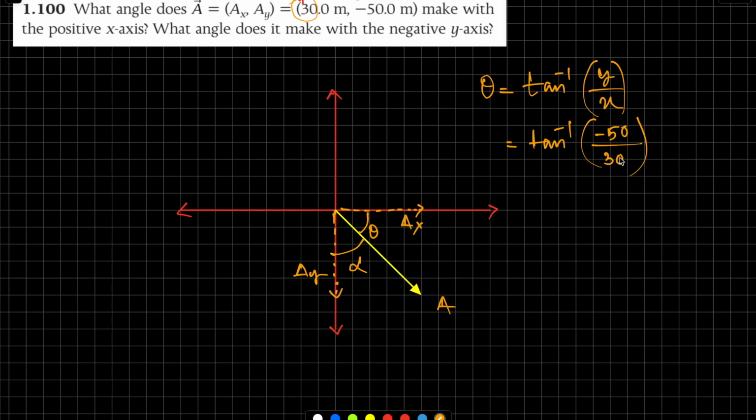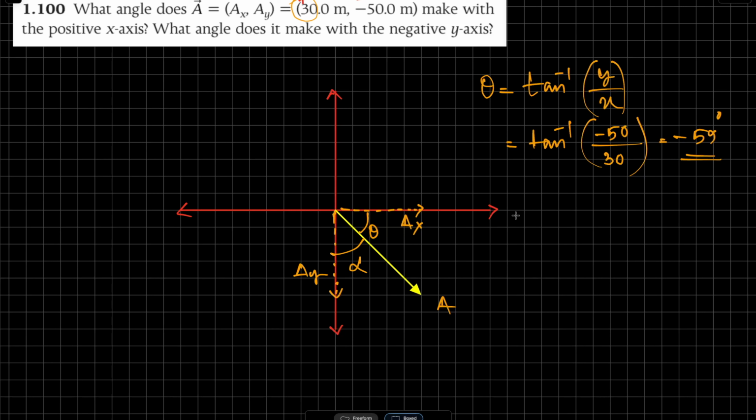Tan inverse of minus 50 over 30 is minus 59 degrees. The negative sign here means we have to measure the angle in the clockwise direction, or 59 degrees below the positive x-axis. That's the meaning of that negative sign.